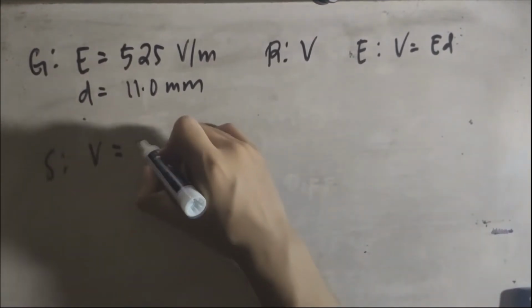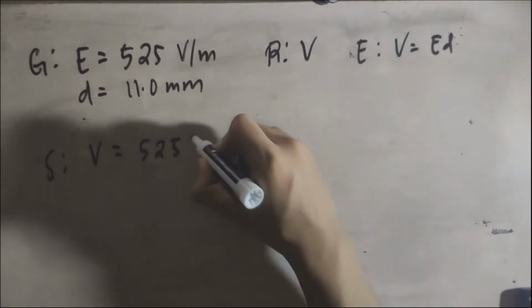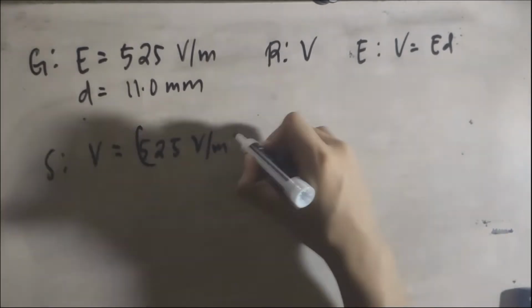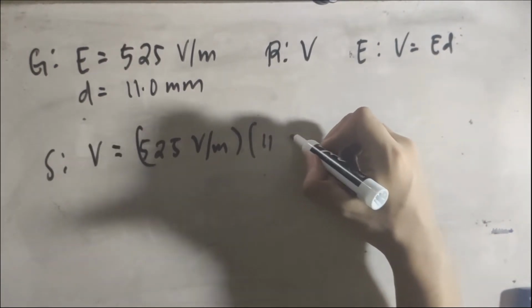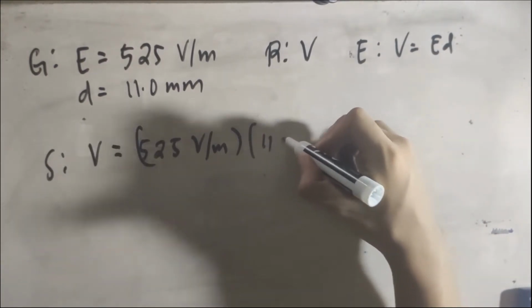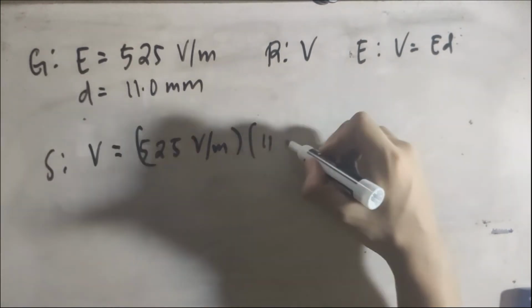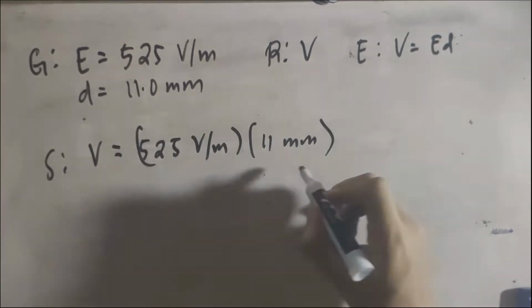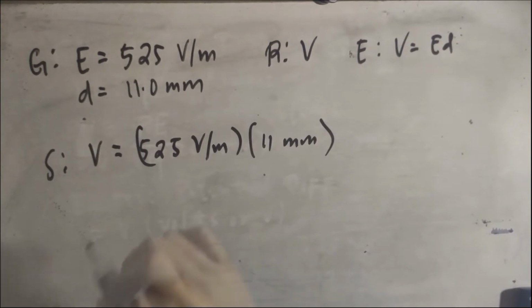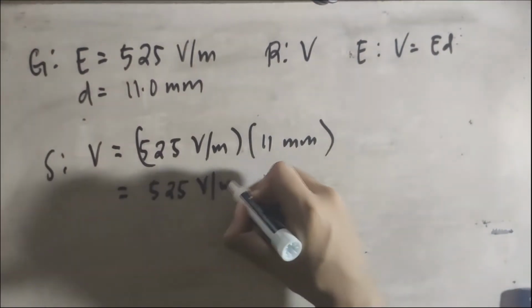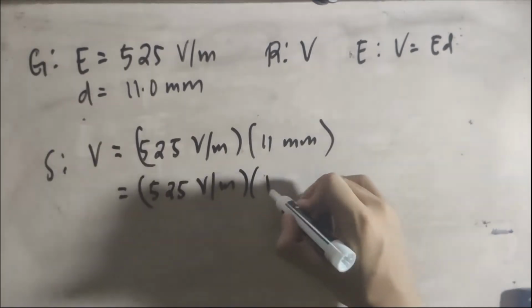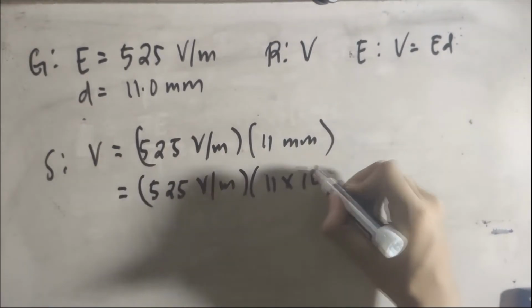So that would be 525 volts per meter times the distance, which is 11 millimeters. Let's change this to base SI: 525 volts per meter times 11 times 10 raised to negative 3.